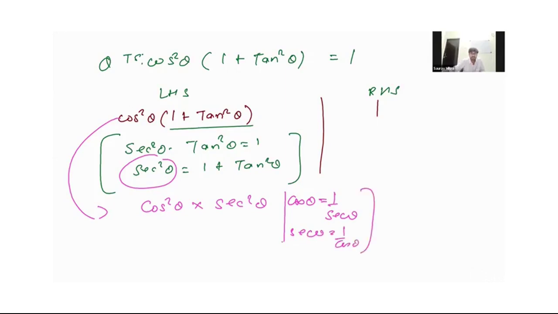They are reciprocal of each other. So you can change any of these to their basic value. What will be sec theta? Sec theta will be written as 1 by cos theta, but since it is squared, it will be written as 1 by cos square theta. So cancel it and we will get our answer, 1.